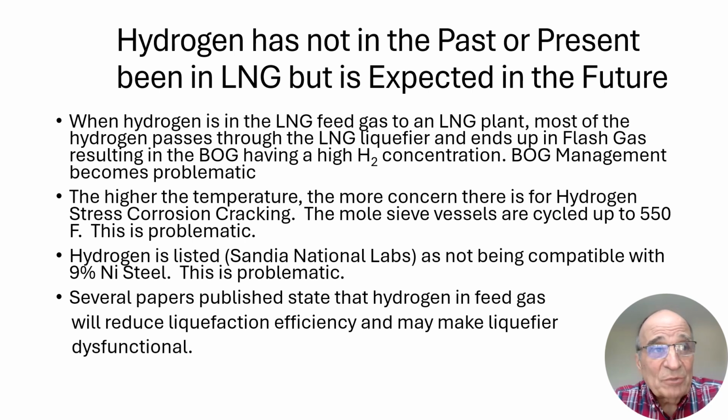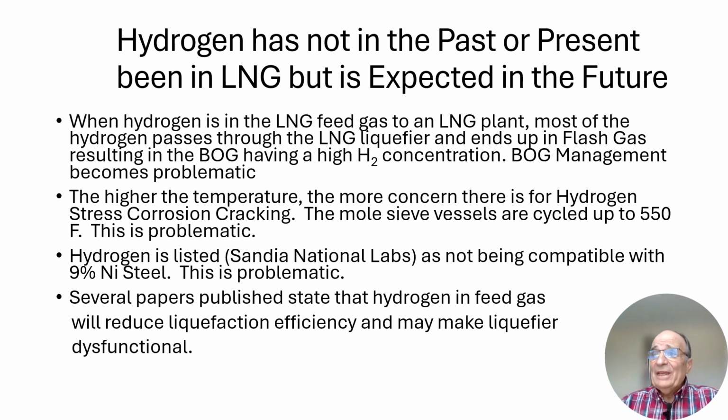If you get, let's say, 5% hydrogen in the feed gas and you condense out all of the methane, ethane, propane, etc., what are you left with but almost pure hydrogen going out in flash? And that really won't be the case because you'll get something. You'll get hydrogen plus methane, ethane, but in much smaller concentrations, and your boil off gas will be significantly high in hydrogen content.